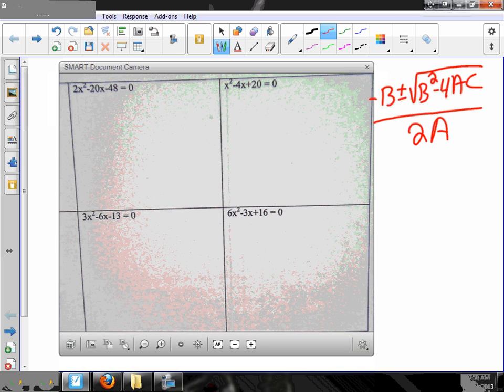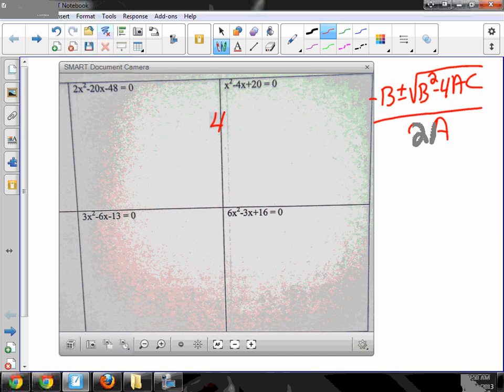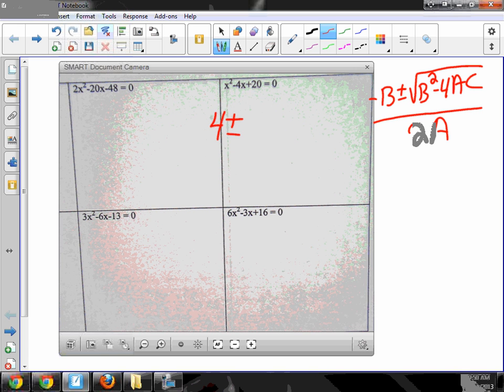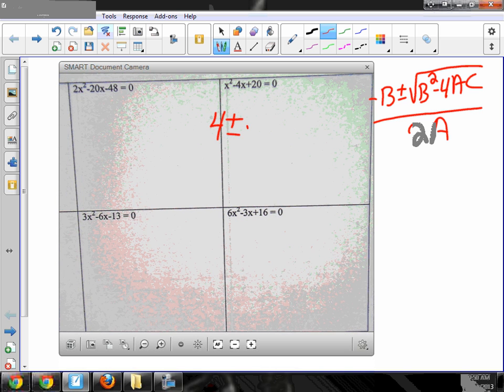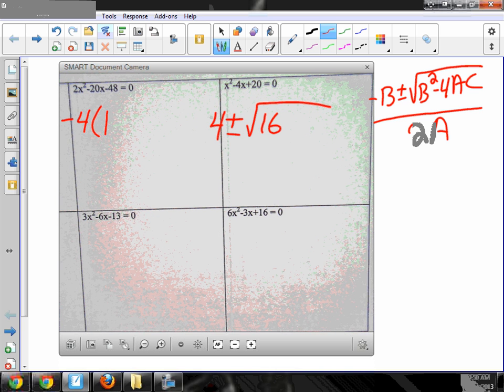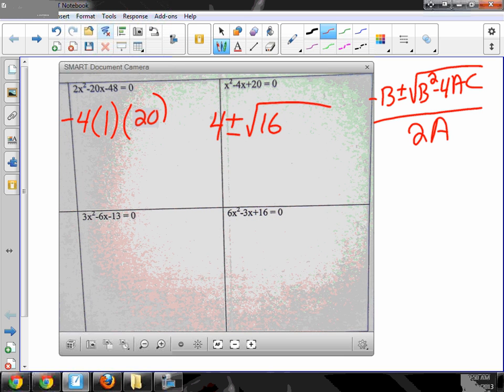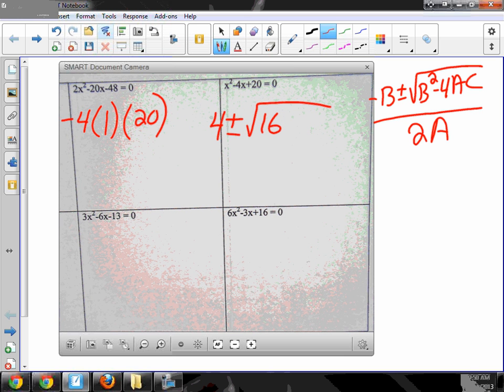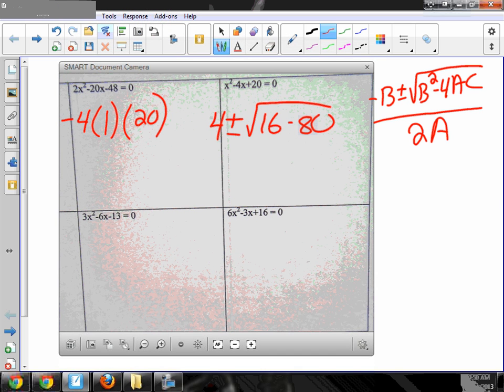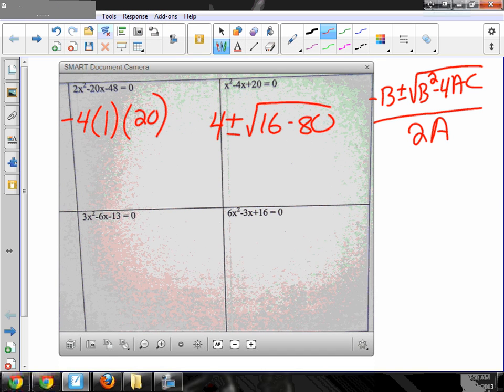So negative b is 4 plus or minus, what's b squared? 16. So the square root of 16, and then negative 4 times 1 times 20 is negative 80. Well, what do I know about this answer?